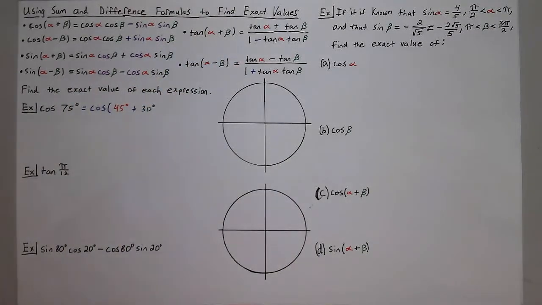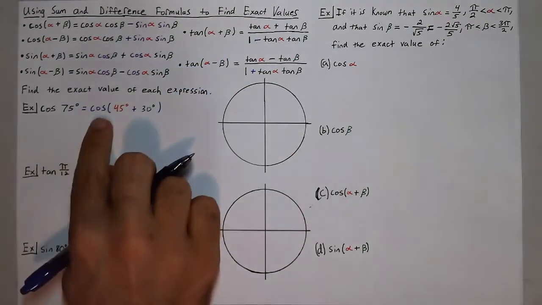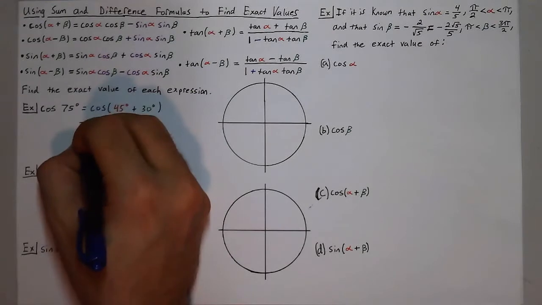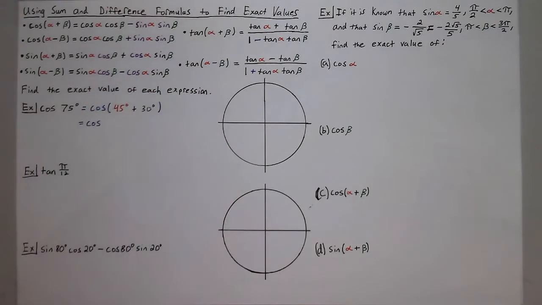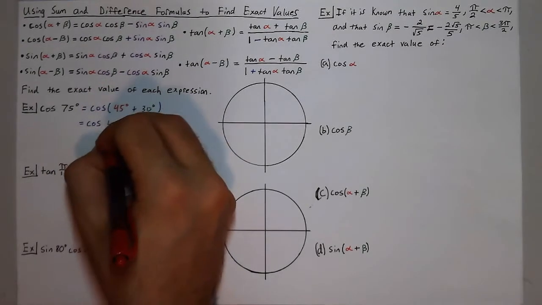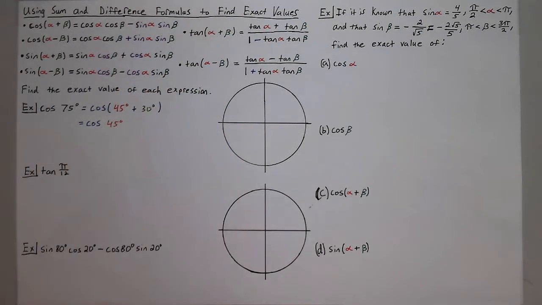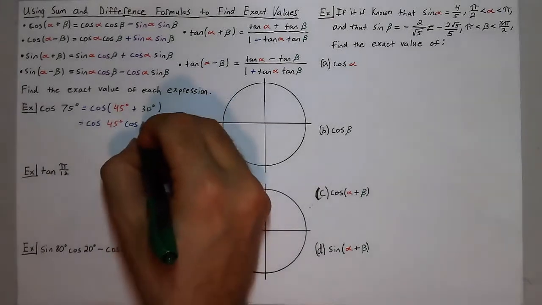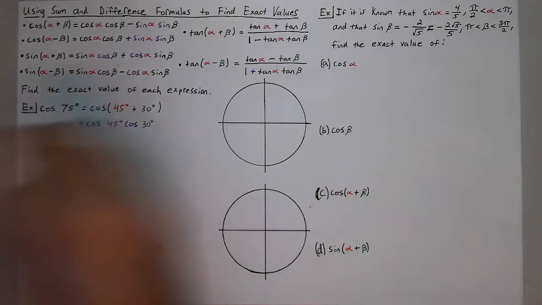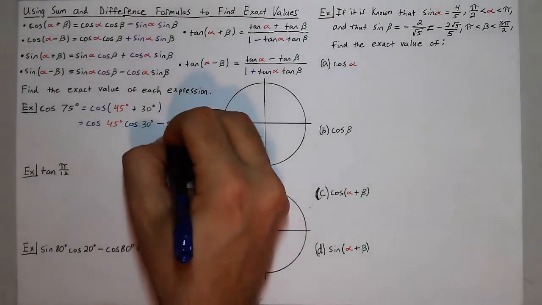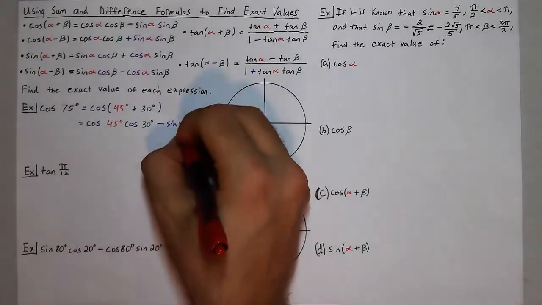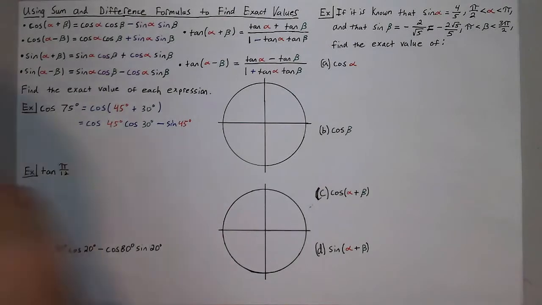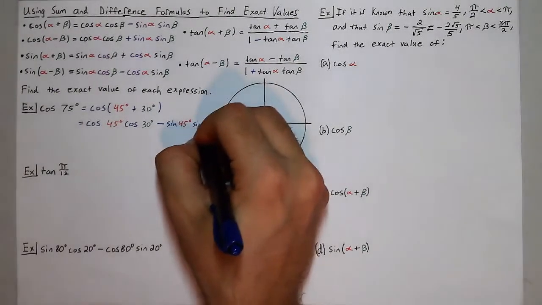And now I can use that sum formula for cosine to evaluate this. So now I can write cosine of 45 degrees times cosine of 30 degrees minus sine of 45 degrees sine of 30 degrees.